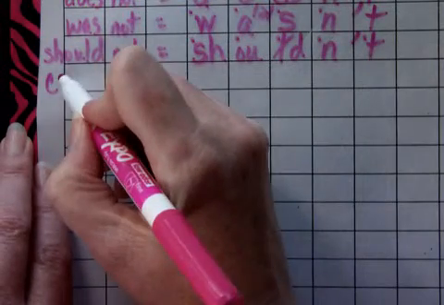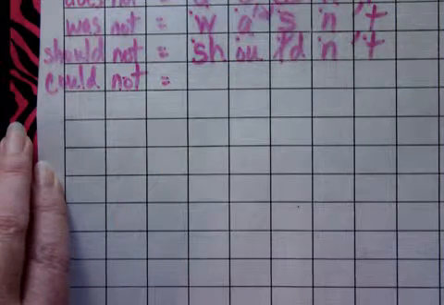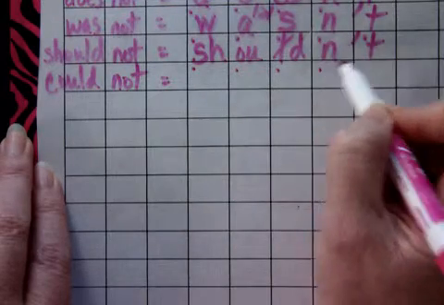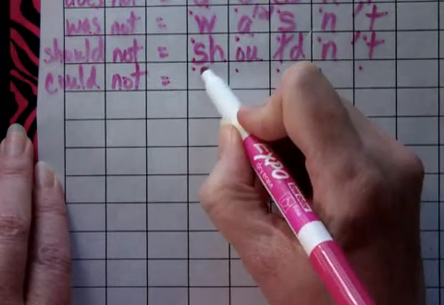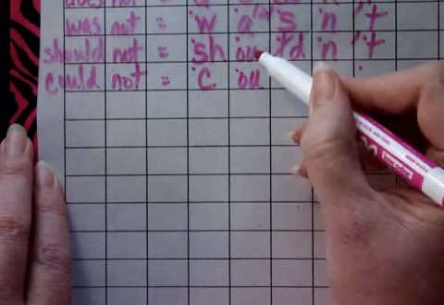The next word is could and not. Couldn't. Could, n't. We spell O-U in this word, just like should, could.